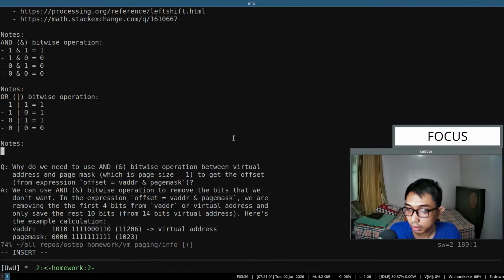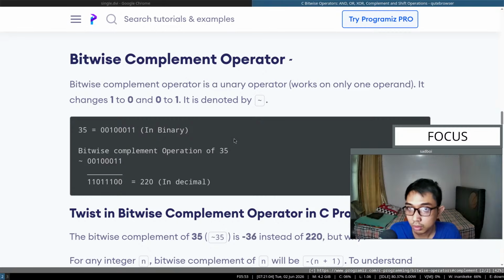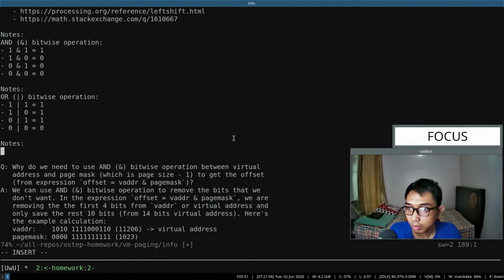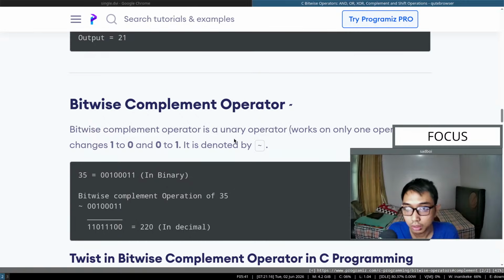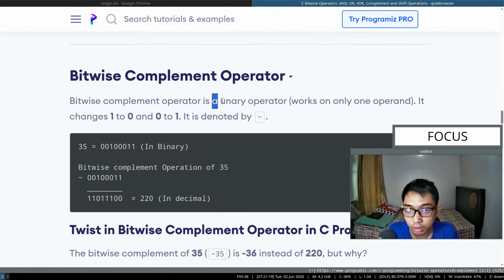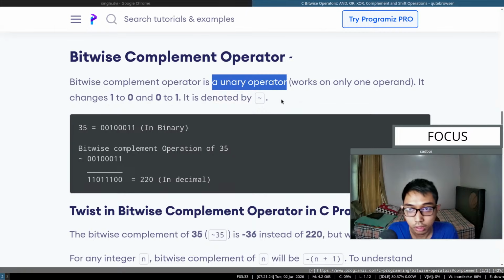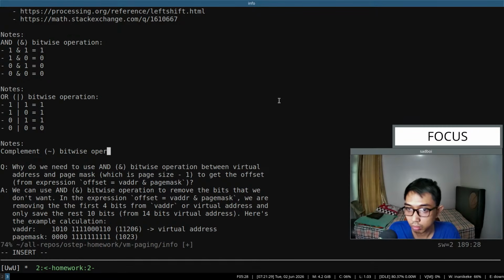Let me add notes again. Complement bitwise operation is a unary operation, works on only one operand. Okay. The operation is a unary operator.